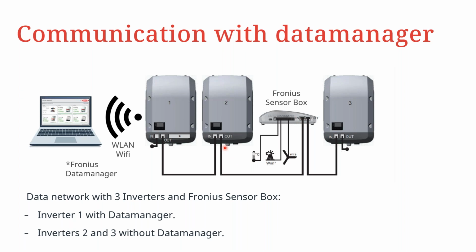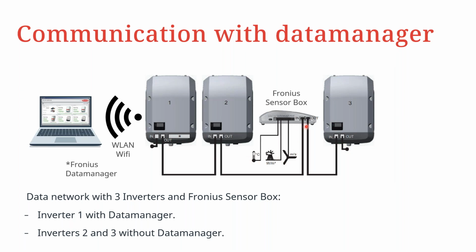Of course, as David has earlier pointed out, you'd have to interconnect them using the SolarNet ring, as you can see, from out to in of the subsequent inverters. Then the last inverter has the stop plug connected. Without these stop plugs at the end of each communication component, there won't be communication in the system. So it has to be a full, closed ring connection.